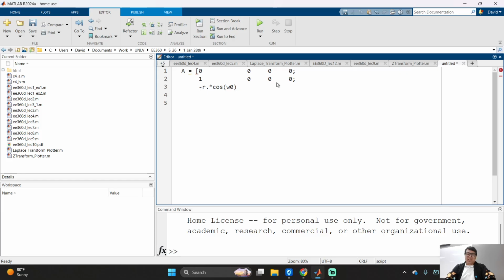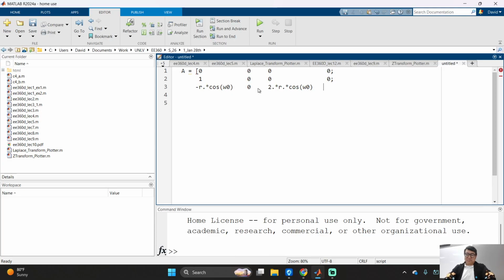Okay. Let me see. There we go. What am I going to put right here? 0. Right? And then I'm going to do 2 times R dot times cosine omega naught, right? And I'm going to do the following. Okay, you guys like my picture?